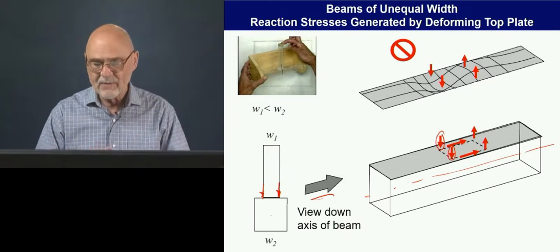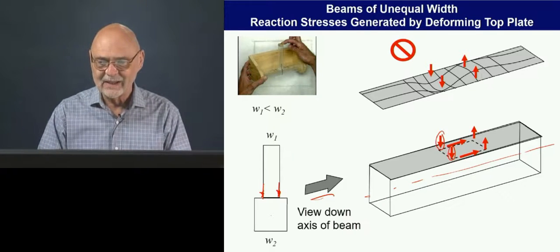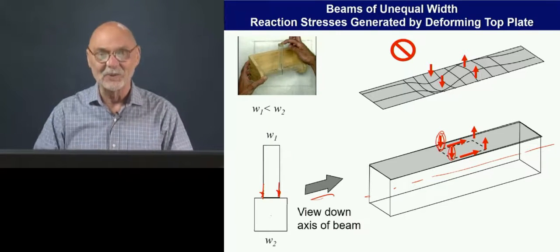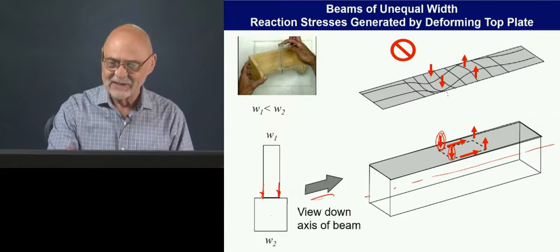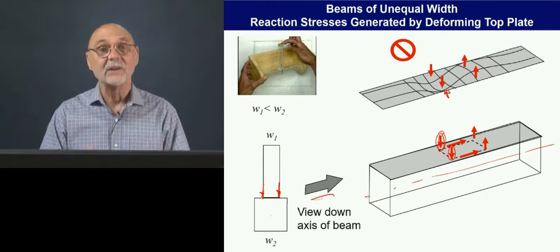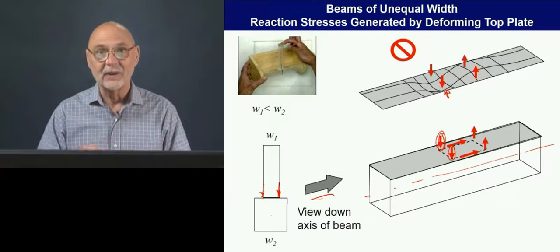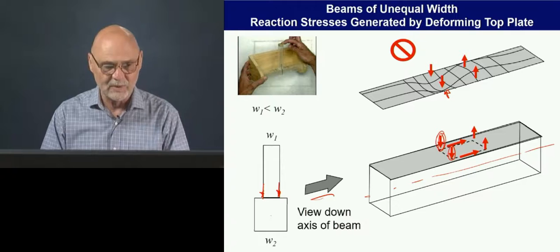And we saw before how poor a flat plate was in reacting normal loads. We're going to get some deformation like that. So we're starting with a really bad condition. This would be a very inefficient and very flexible beam.